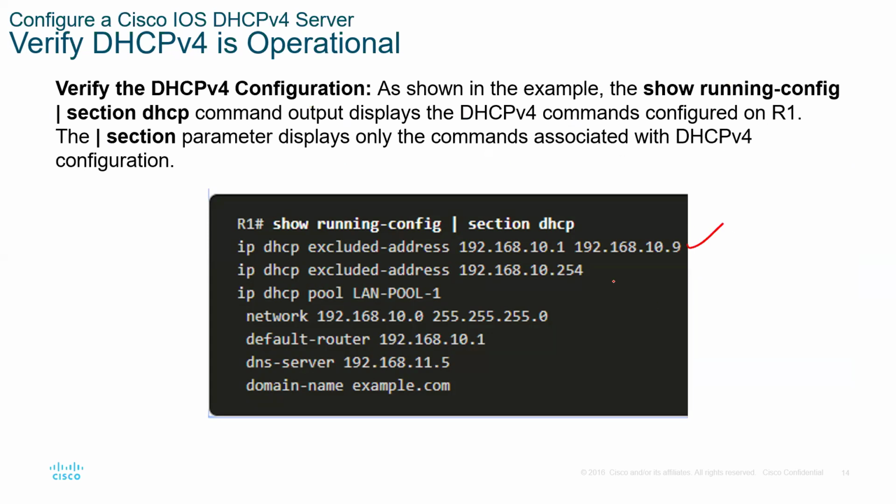The excluded addresses, this is another excluded address. This is our pool name, network, default gateway, server, domain name. So if you want to verify what you've configured, you can use the show run configuration, then use the keys to jump to keyword section in DHCP, and you get this information.